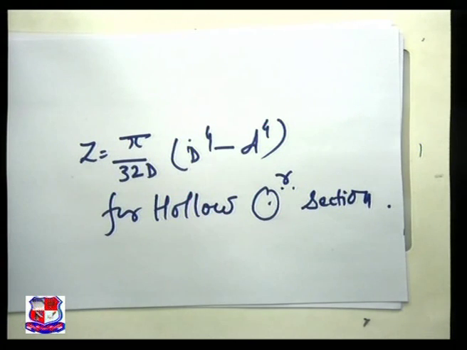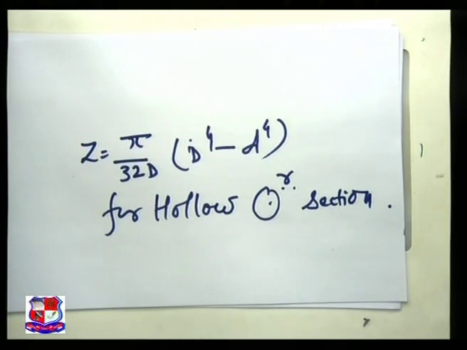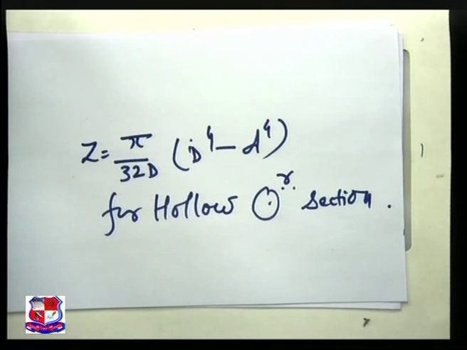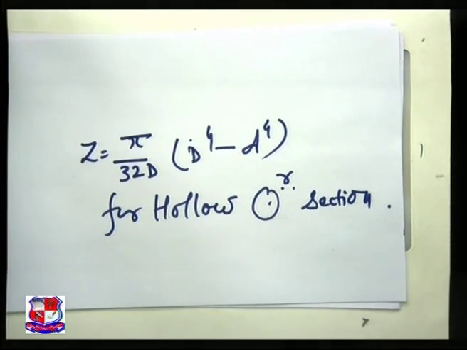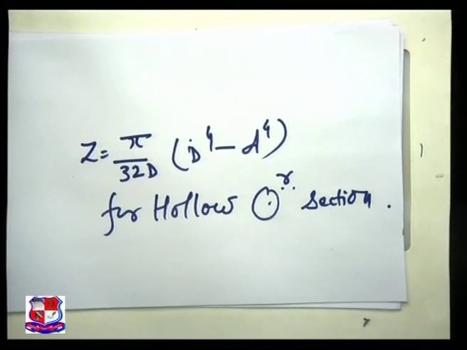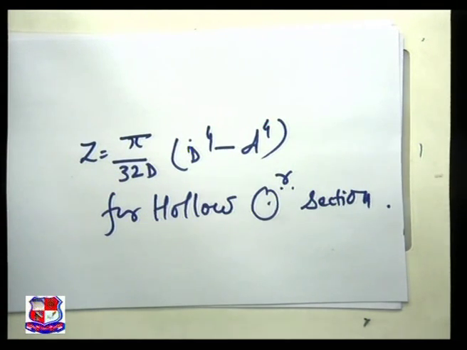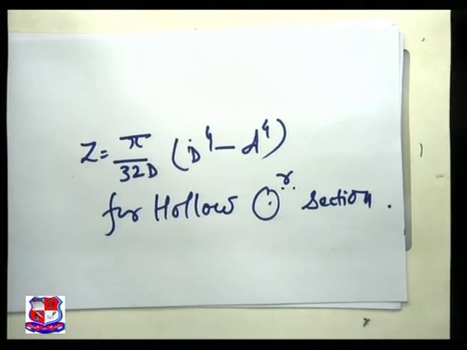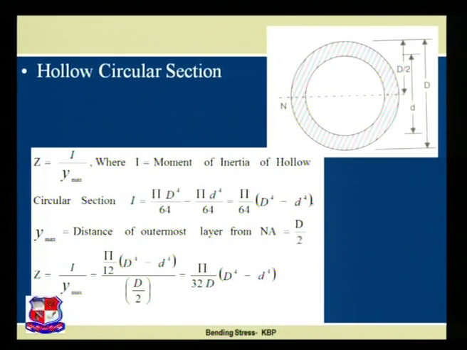So we found an equation Z is equal to pi by 32D bracket capital D raised to 4 minus d raised to 4 for hollow circular section. If we see in this PPT, the same equation that we got by simplifying I by Ymax, that is pi by 32D capital D raised to 4 minus d raised to 4.